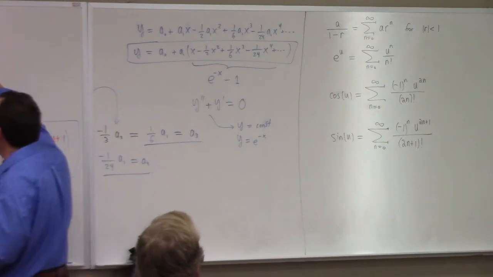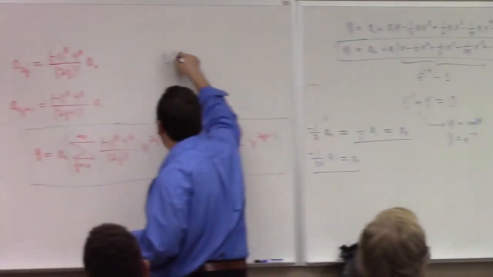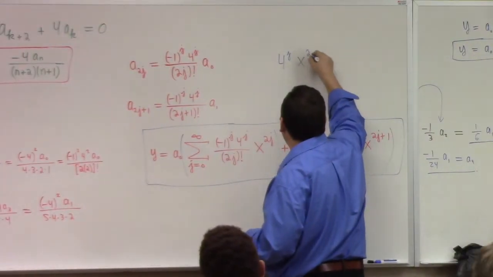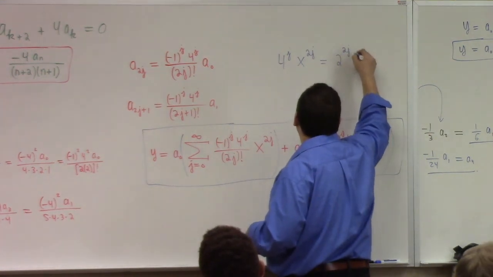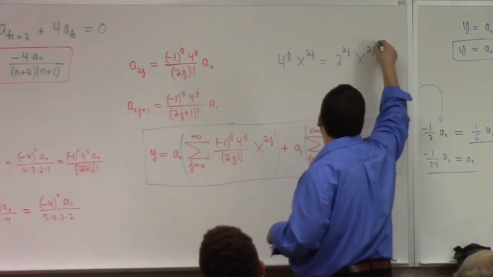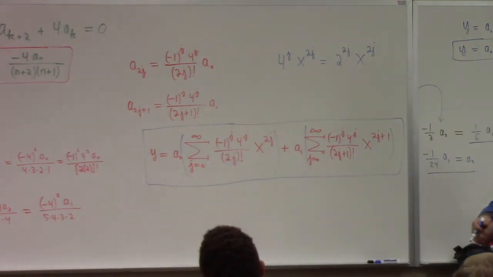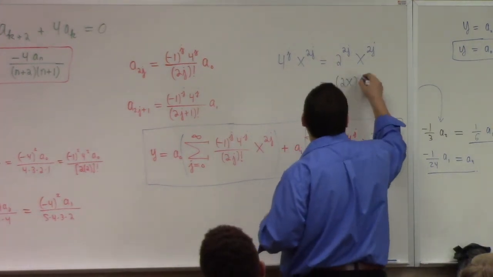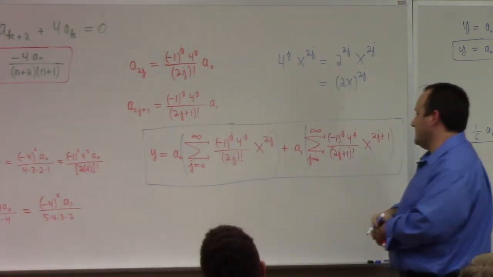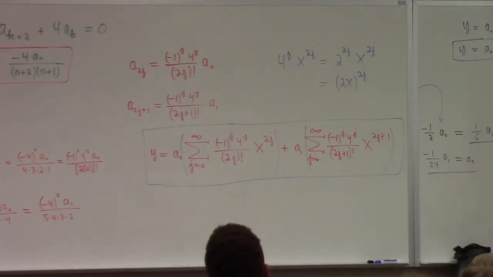How about this? 4 to the j times x to the 2j is actually equal to what? It's actually equal to 2 to the 2j times x to the 2j, right? Which means by laws of algebra, 2x to the 2j. What are these?